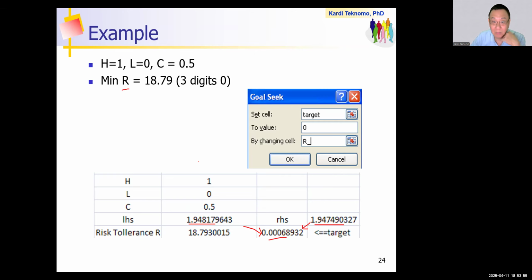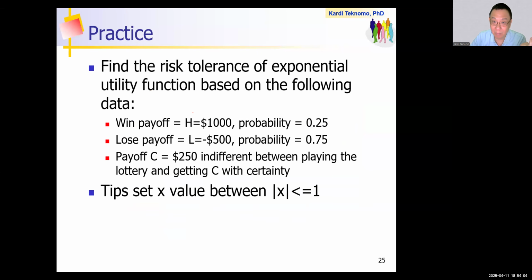Now, if you have different probability, and the values of H, L, and C are actually big numbers, you need to normalize first so that the values are between -1 to +1. So in that case, the H now becomes 1, the L becomes 0.